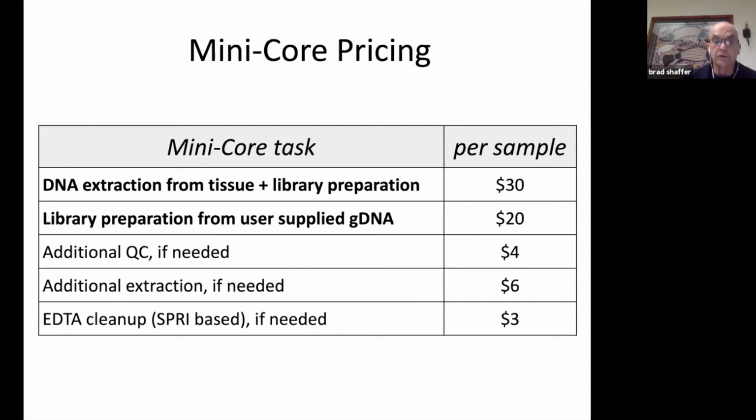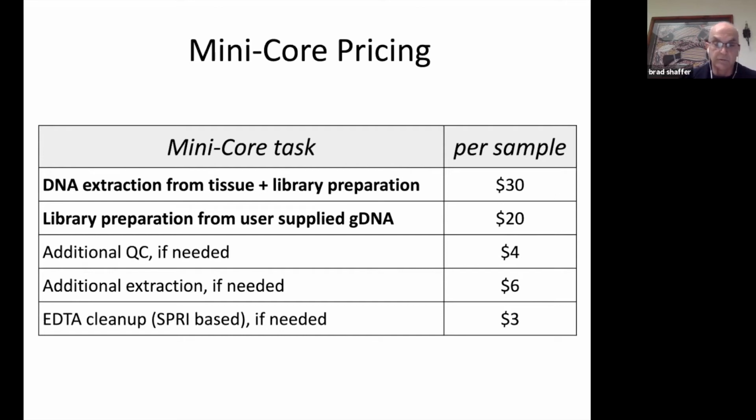If you do the extraction and supply us with good, high quality genomic DNA and it passes muster, that'll save you $10 a sample. So we'll make the libraries and pool them and send them off, and that'll be $20 a sample.